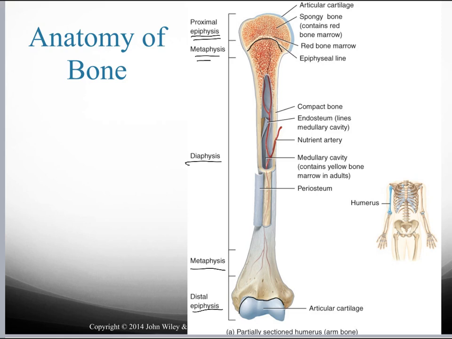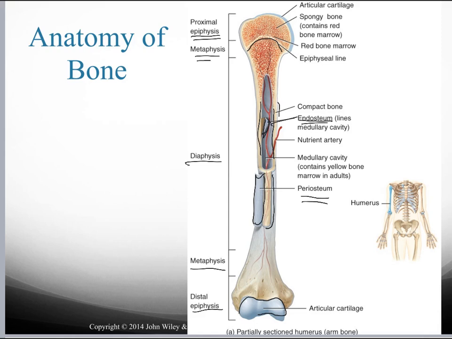Notice the shiny blue glossy hyaline-like cartilage of our articular cartilage. Peeling away this membrane right here is our periosteum. Then we get this hollowed out space. This is our medullary cavity. And again, you can see another blue peeled layer right here, our endosteum.